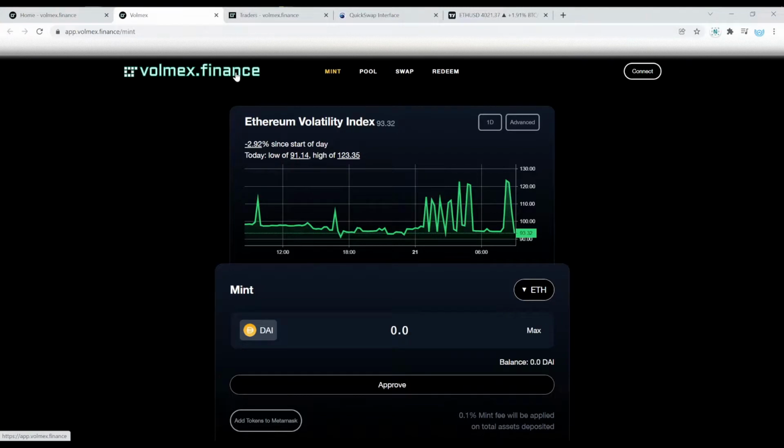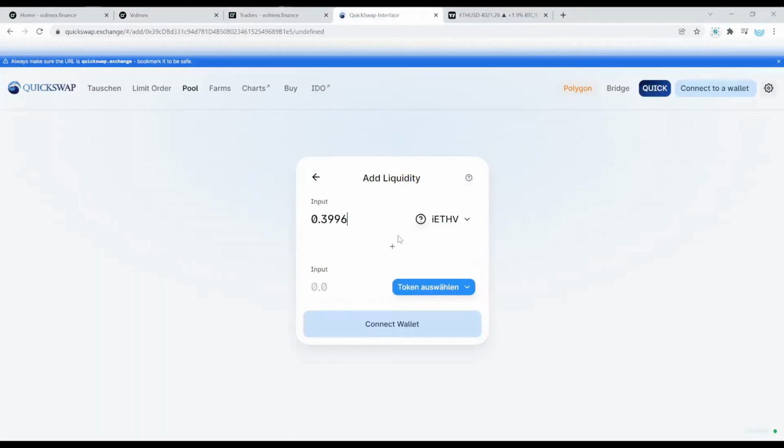Okay, so it might be a good idea to be early and, of course, do your own research, look into it, form your own opinion. But I, for my part, just minted a little amount of those tokens and just provide liquidity on QuickSwap. That's what I do on Polygon. Of course, Polygon fees are low, so we can do this sort of experiment.